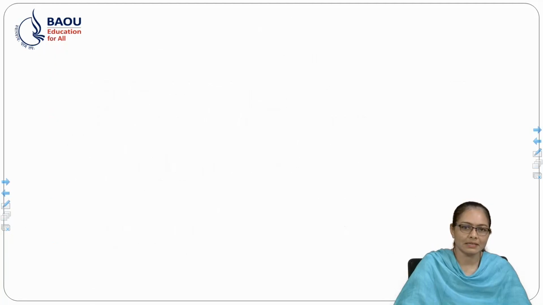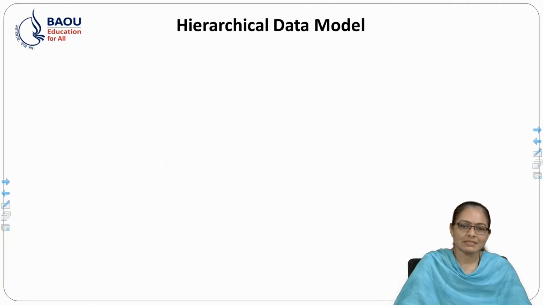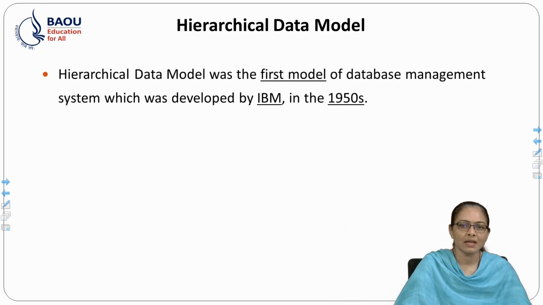Now next we start with the hierarchical data model. What is the hierarchical data model? The hierarchical data model was the first database management system model, which was developed by IBM in the 1950s.